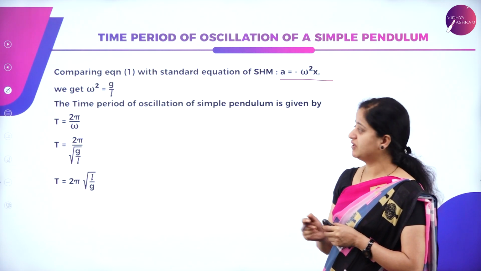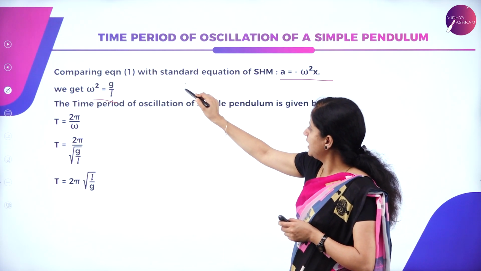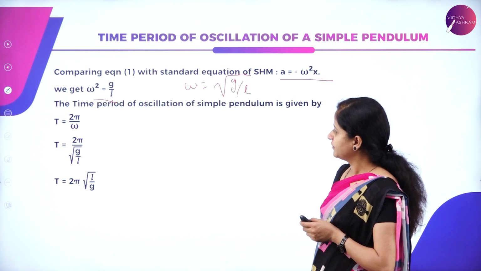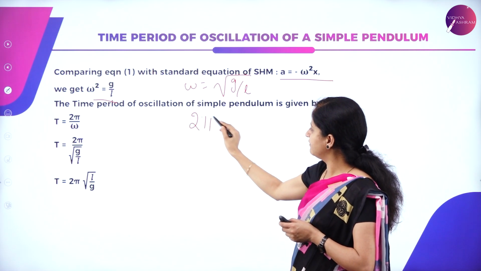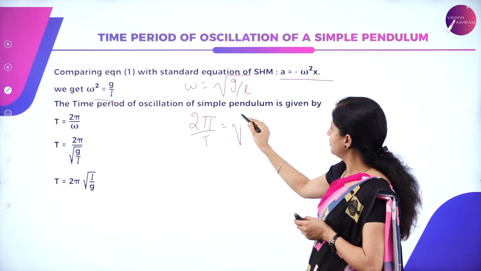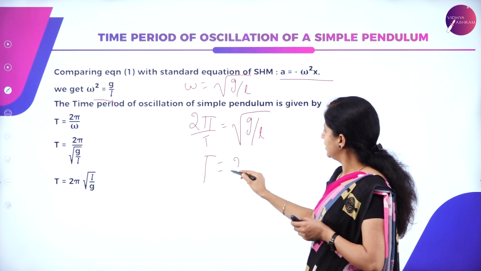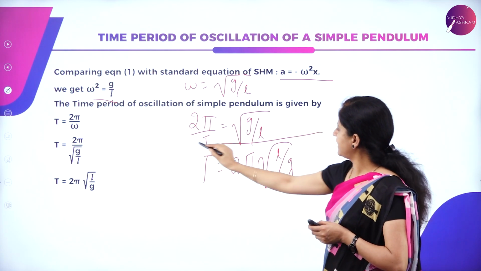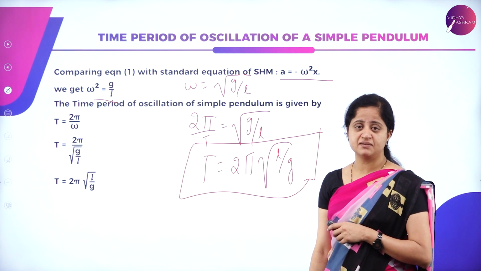So comparing that, we get omega square is equal to g divided by L. So omega is equal to root of g divided by L. Omega can be represented in terms of time period, that is 2 pi divided by T, which is equal to root of g by L. We need time period, so T is equal to 2 pi root of L by g, which is the desired expression for the time period of oscillation of a simple pendulum.